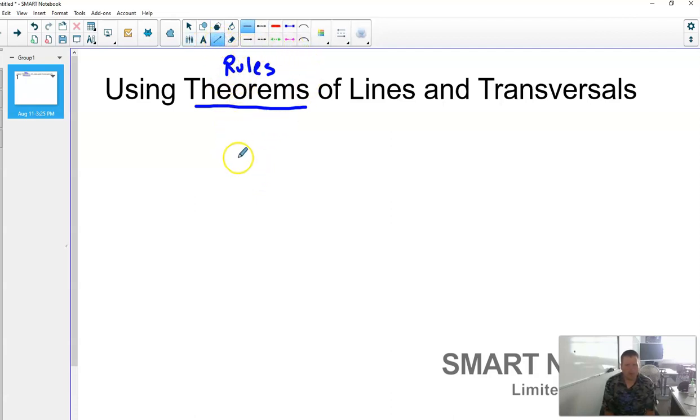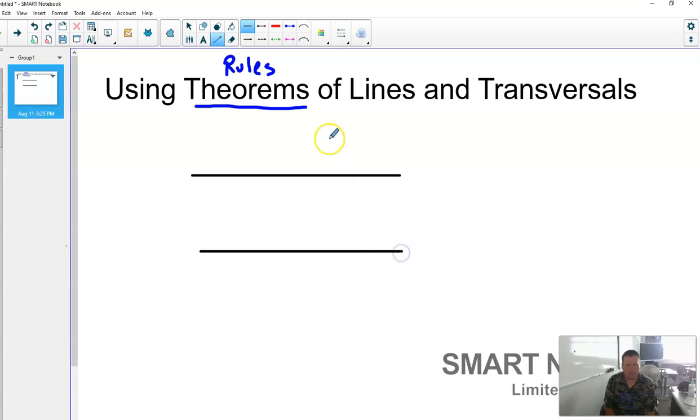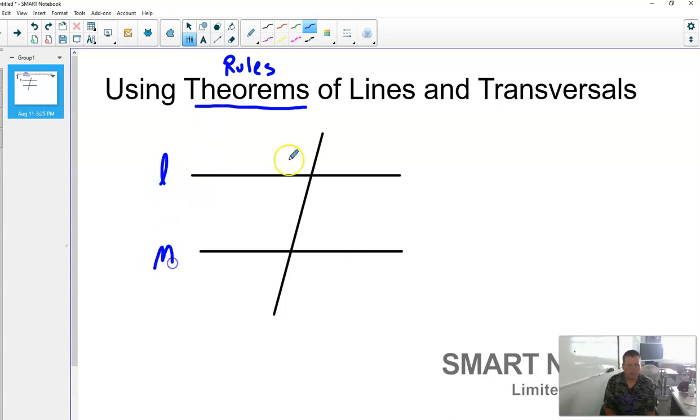So what I want you guys to be able to do is to take a diagram like what we talked about before, and not just look at these lines, line L and M and T. But I want you to be able to tell me what can prove to us that L and M are parallel.